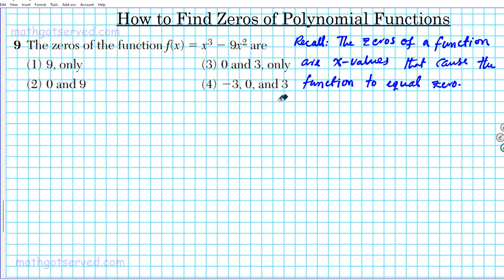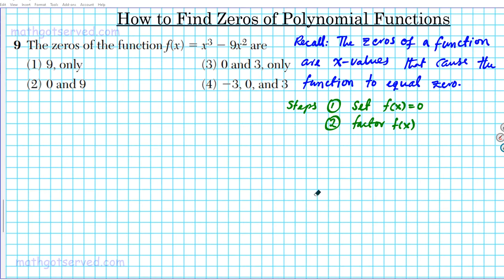All right? So let's take a look at the steps that will guide our problem solving process. When you find the zeros of a function, first thing you want to do is set the function equal to 0. You're setting yourself up to solve an equation. And then next, you're going to factor the function f of x if possible. If it's already in its factored state, then you just skip step 2.